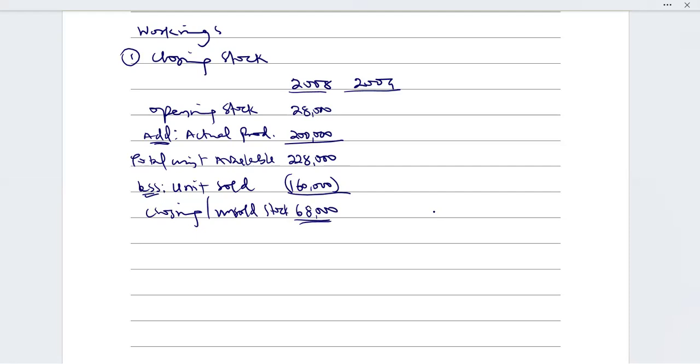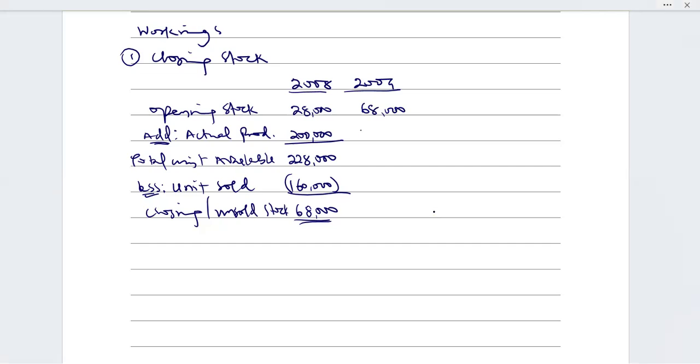Let's do it once and for all, let's do for 2009. Now, when you are moving to the 1st January 2009, the closing stock in units in 2008 as at December 2008 will become opening stock on 1st January 2009. Therefore, opening stock in 2009 is 68,000. How many units were produced in 2009? 150,000 units.